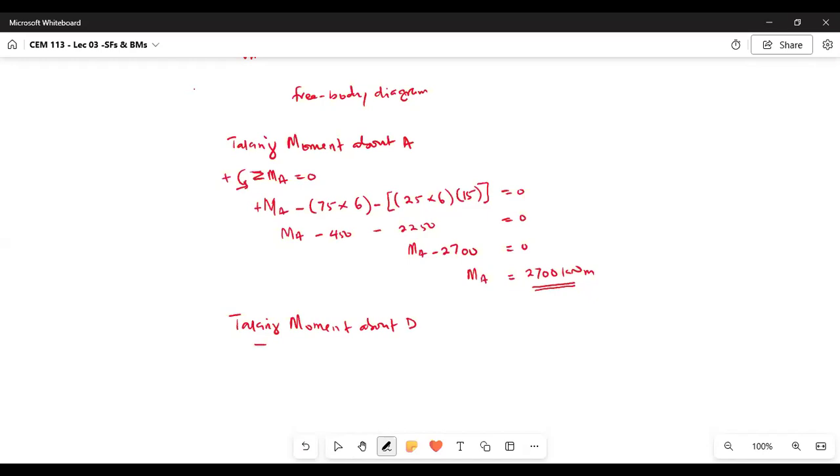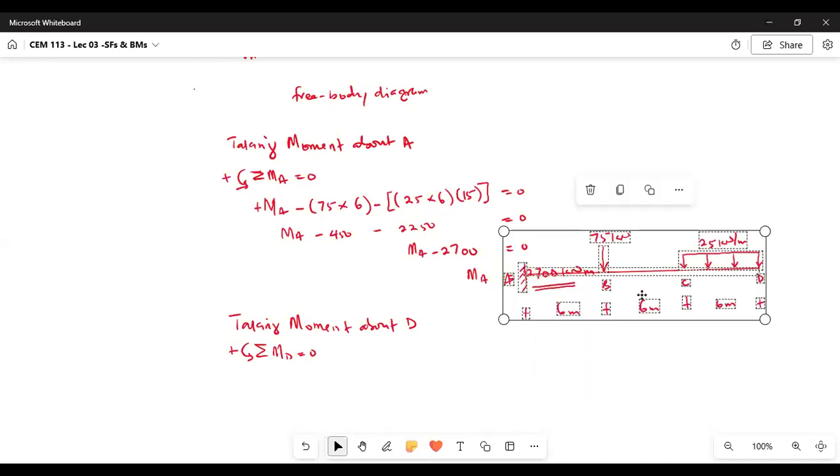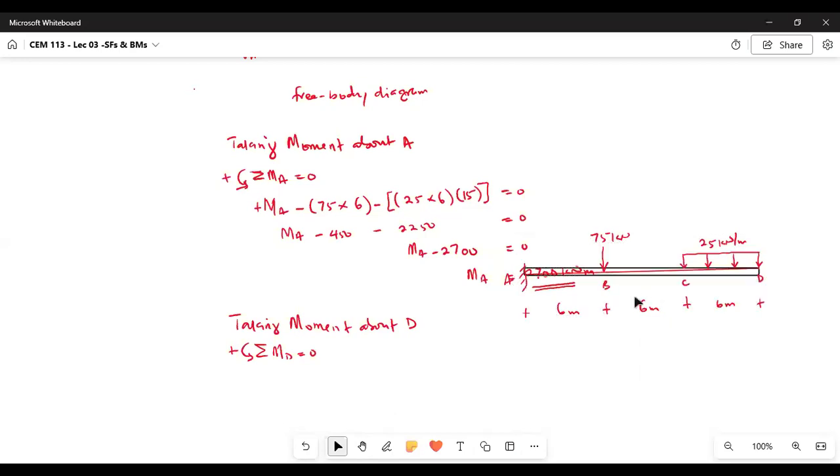So sum of moment about D is equal to 0. Anti-clockwise moment is positive.